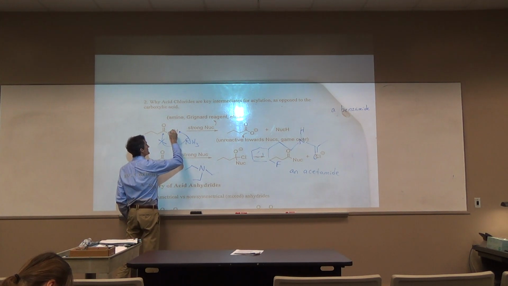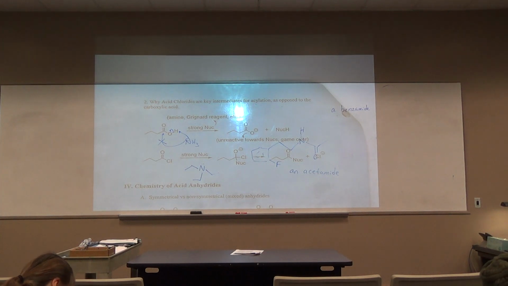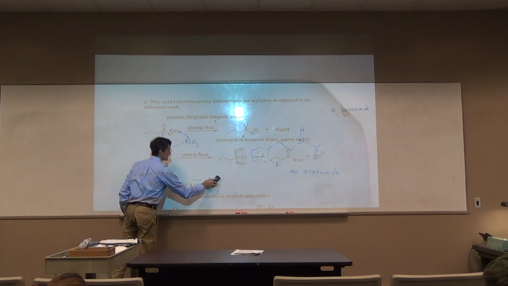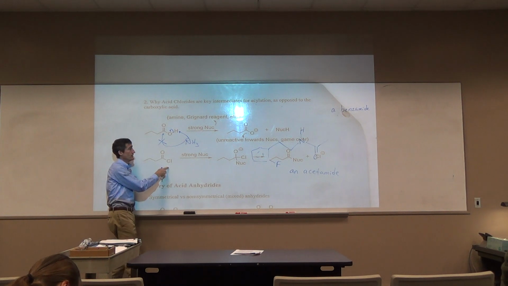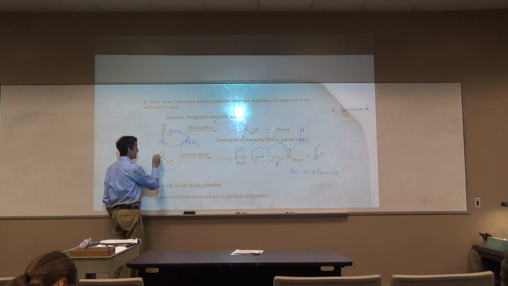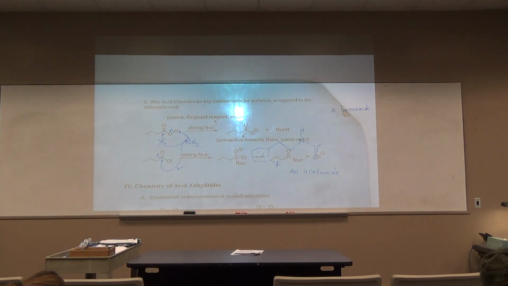It will take the H. A carboxylic acid has an acidic proton. What about down here? Does the acid chloride have an acidic proton? No. So it will add to the carbonyl. This makes acid chlorides much better for reaction with strong nucleophiles, because a strong nucleophile typically is also a strong base.